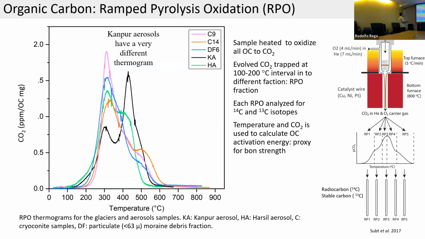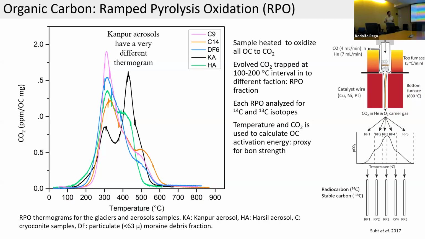So this is the thermogram. K is the Kanpur aerosol. As I said, Kanpur is an industrial city. If you see, their peak of CO2 being produced is around 400 to 500 degrees Celsius, but the rest are all around 300 degrees Celsius.